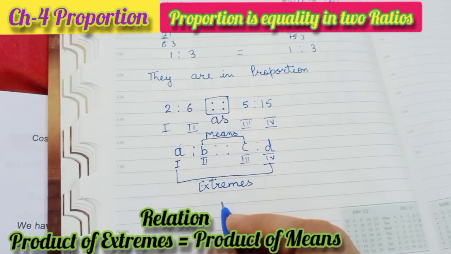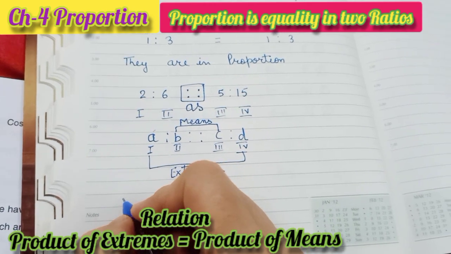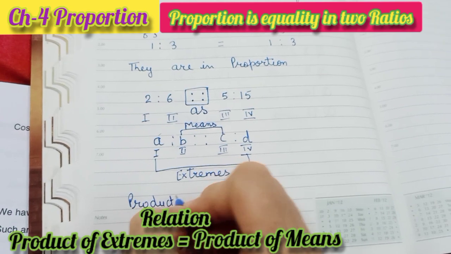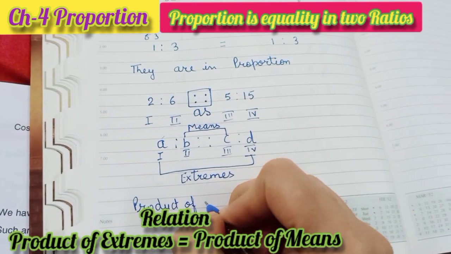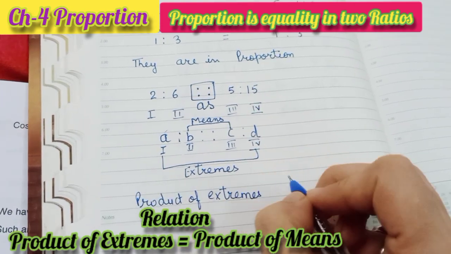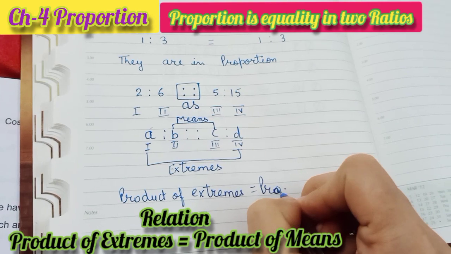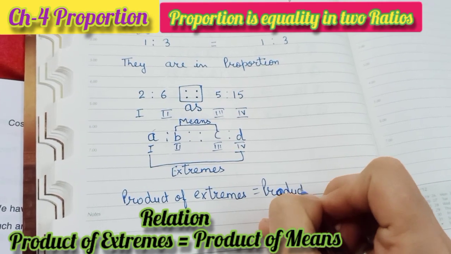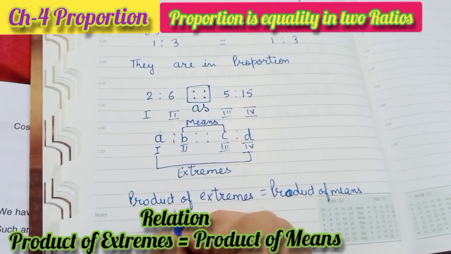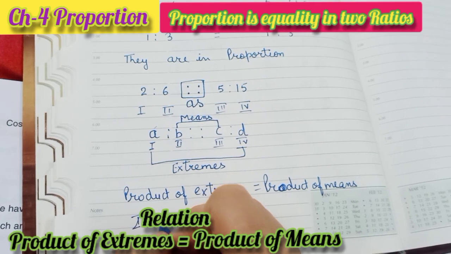And what is the relation between these two? The relation between these two is that the product of extremes is equal to the product of means. Extremes means the first term and fourth term.